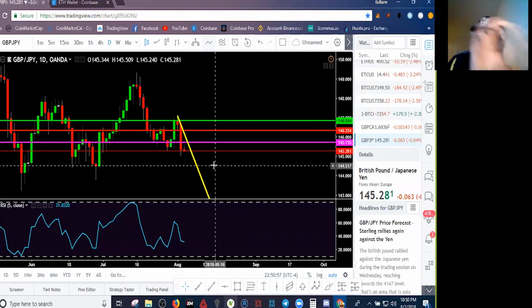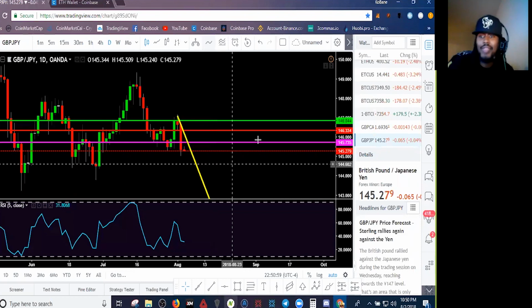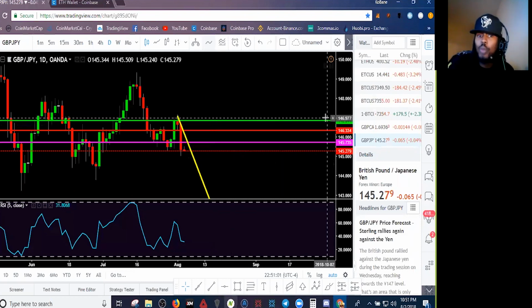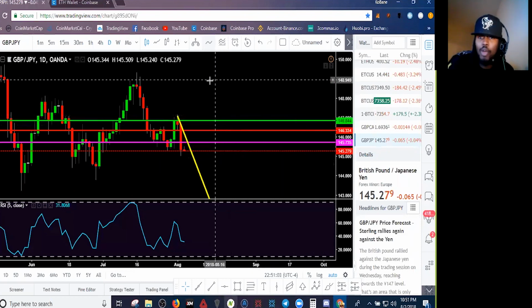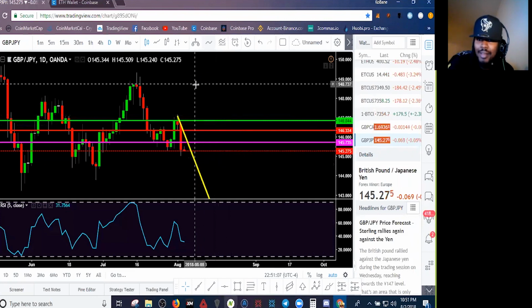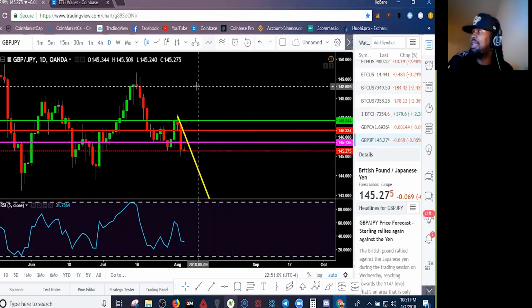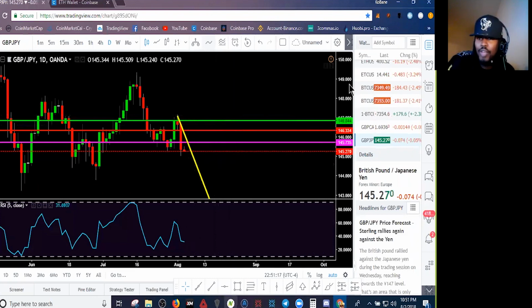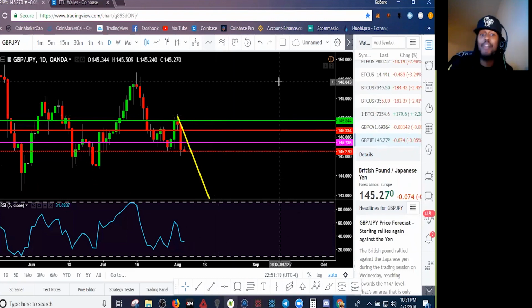If this was the only pair you traded, these price levels would mean so much to you, because now you would say, oh man, if price comes back up to like 149, 148, I'm getting in, because I know last time it got that high, it dropped off substantially. So that 149, 148 area makes more sense for you, because now this is the only thing you trade. You become a master of Great British Pound JPY.